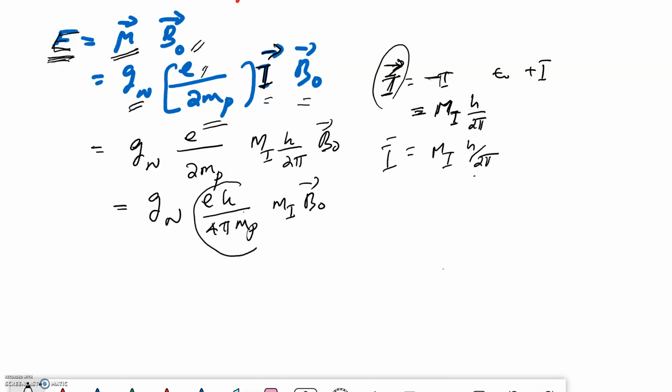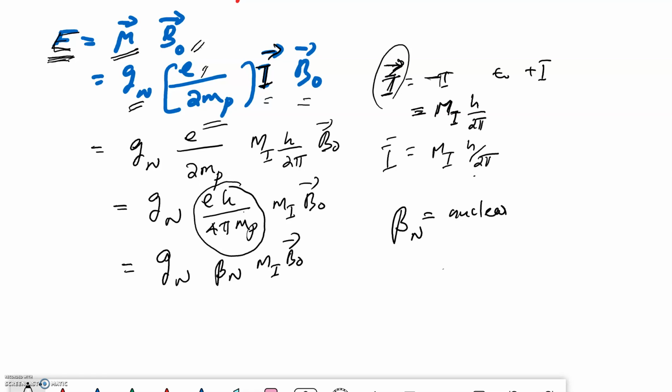And this term, eh divided by 4 pi mp, is denoted as beta n, and is called the nuclear magneton. That is, beta n is equal to eh divided by 4 pi mp.